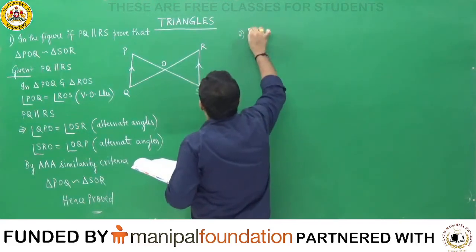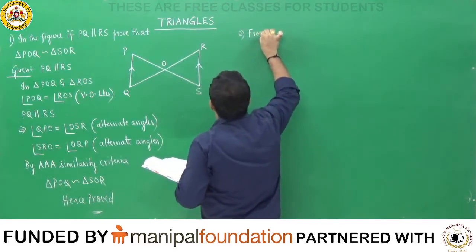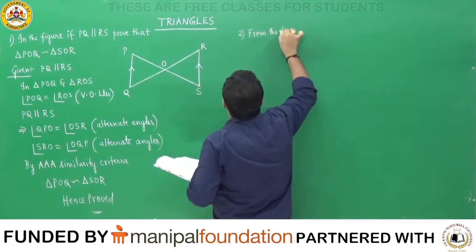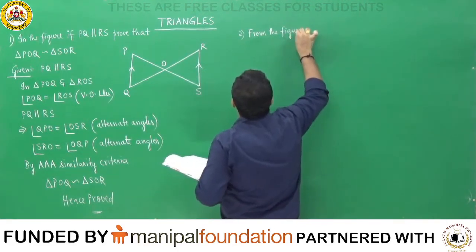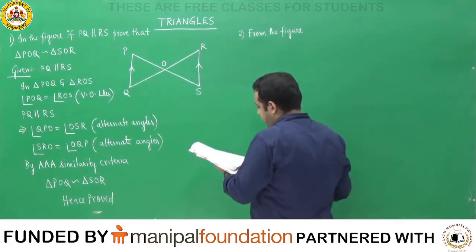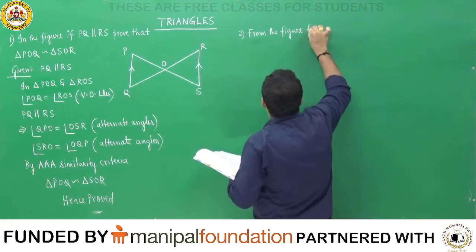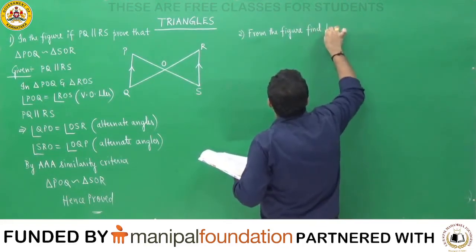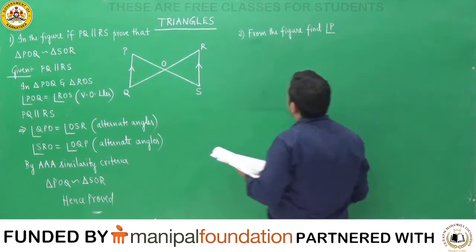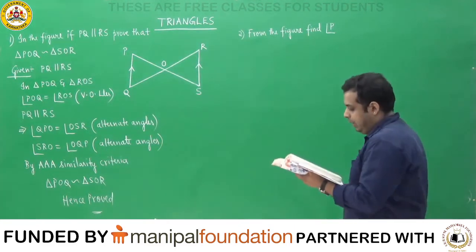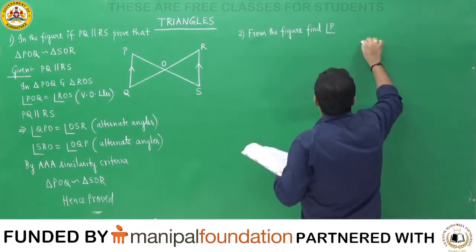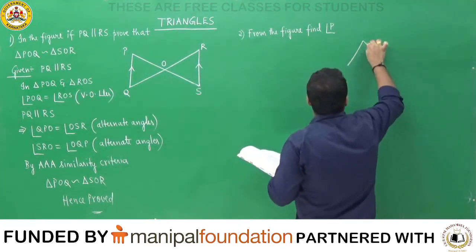Everybody write it down, complete this. Okay. From the figure, find angle P. From the figure, find angle P is the question asked. So, it's given in the problem like this.